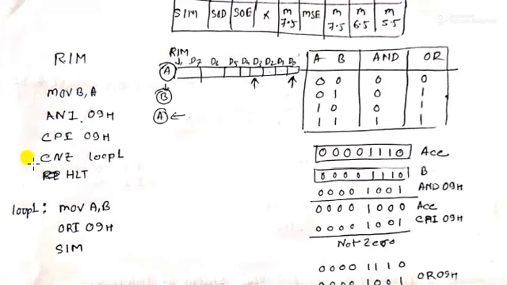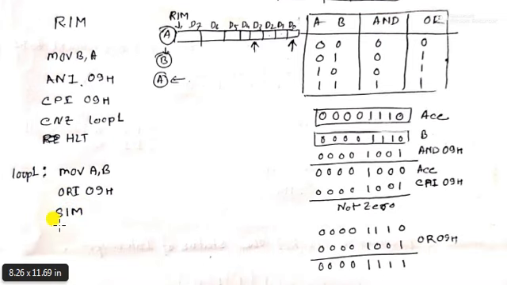If the RST 7.5 is not set, we call a program, that is call on not 0, CNZ, with loop. We load the previously stored value, copy the value to the accumulator, make an OR operation and load the SIM instruction.